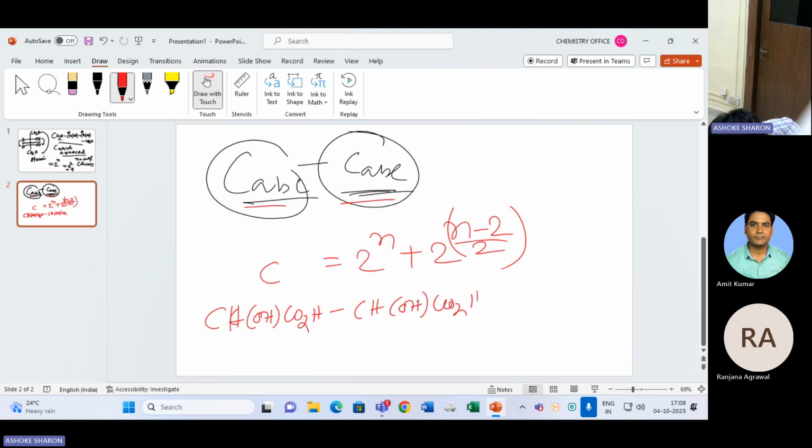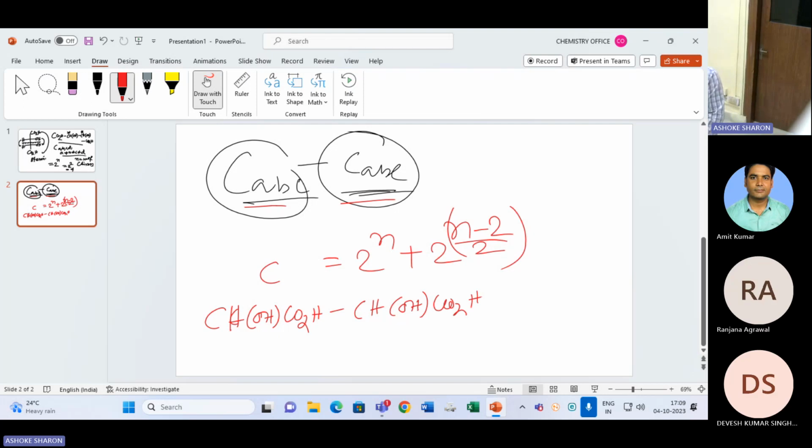Similar kind of connectivity. So then n equals 2 because the chiral centers are 2, but the total number of stereoisomers will be 2 to the power n minus 1.